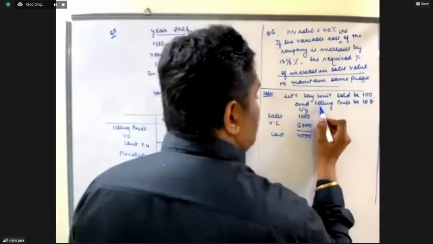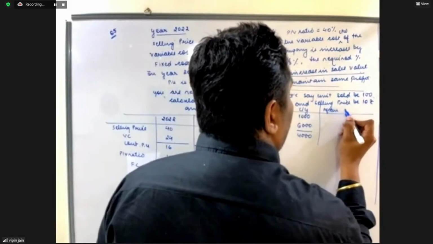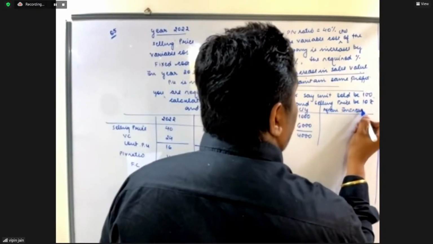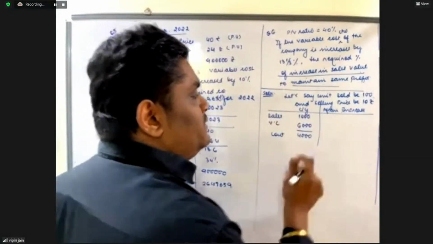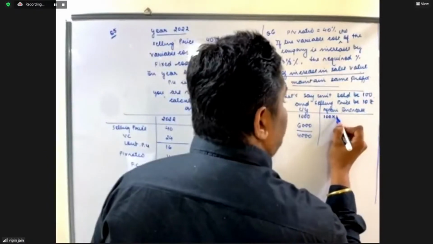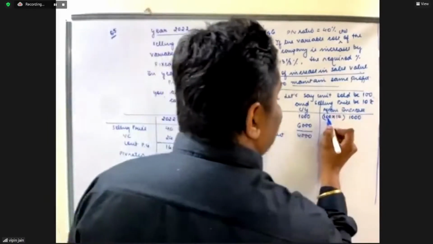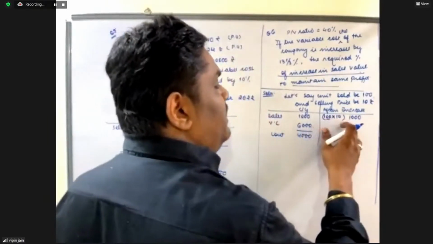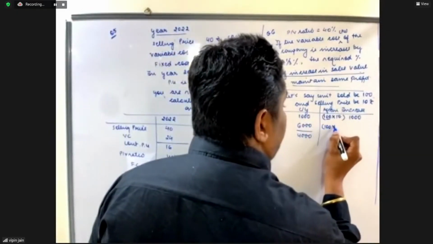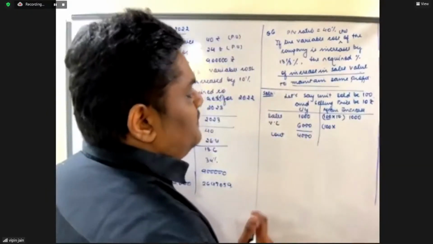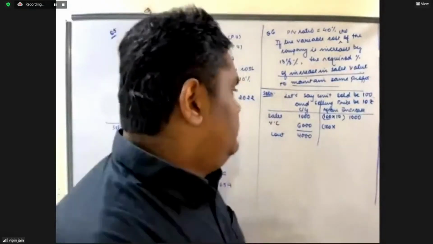Now, after the increase, if we continue to sell the same amount of units, that is 100 into 10, my sales will be 1000 rupees. However, my variable cost will be how much? 100 into 6 plus 13.33%.